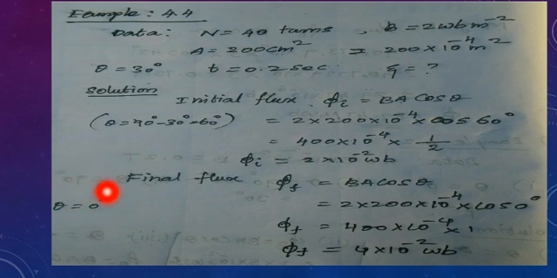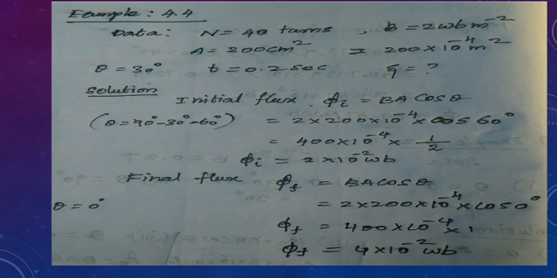With the same flux formula, phi f is equal to BA cos theta, with B equal to 2 and A equal to 200 into 10 power minus 4 into cos 0 degree. Cos 0 degree is equal to 1, therefore 400 into 10 power minus 4, which is 4 into 10 power minus 2 Weber. This is the final flux.